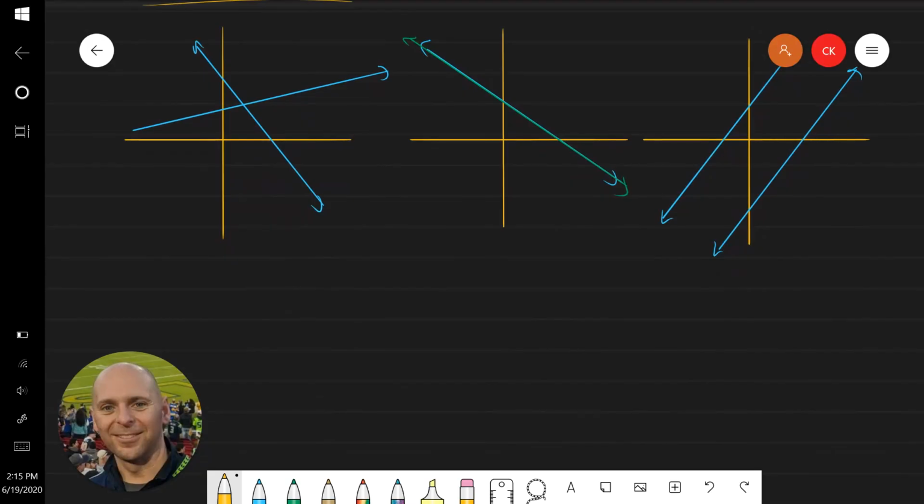So here's what we get. The singular solution is referred to as consistent and independent. The two lines that coincide or overlap is infinitely many solutions.